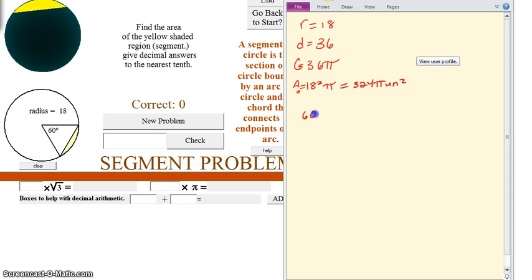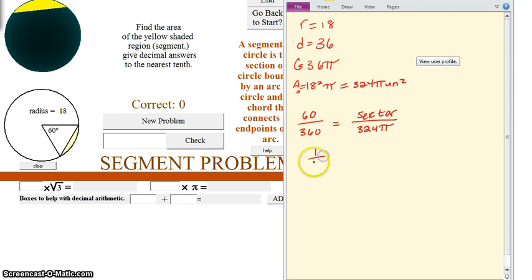So then you're going to set up a proportion. 60 is to 360 as the area of the sector. We need the sector first. That's the wedge, or the pizza slice, is to the area of the whole circle.